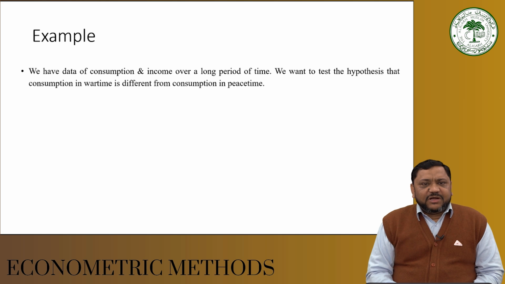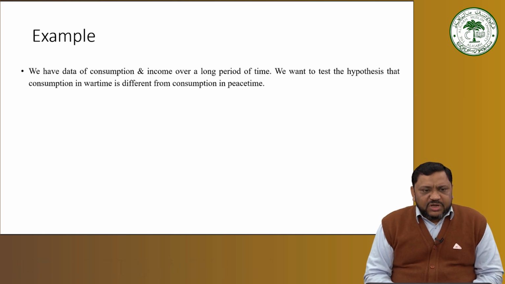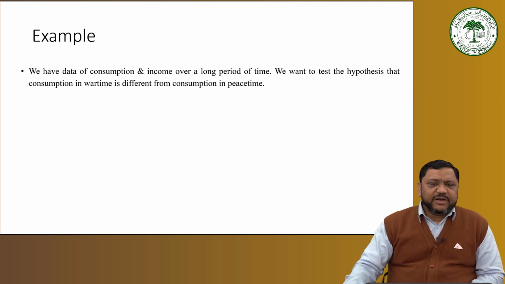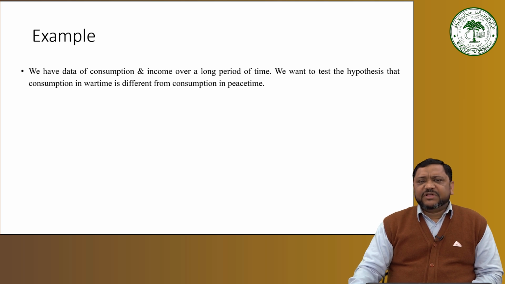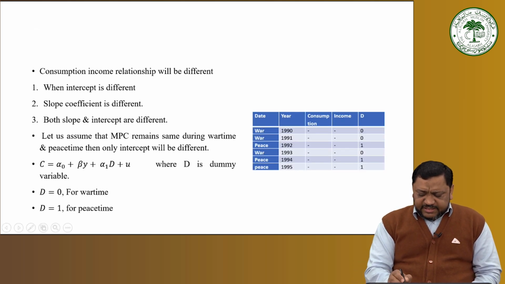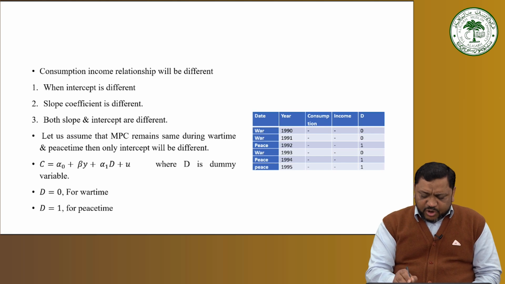Okay, let's take an example. Say we want to study the consumption-income relationship in two different periods: one is wartime, and the other is when there is peace. So let us take some hypothetical data.